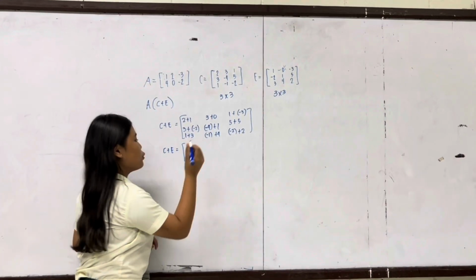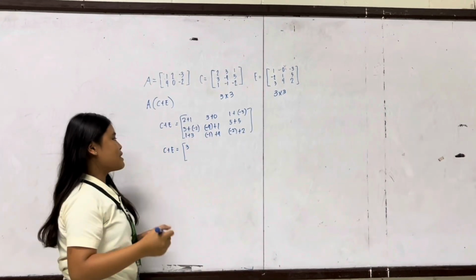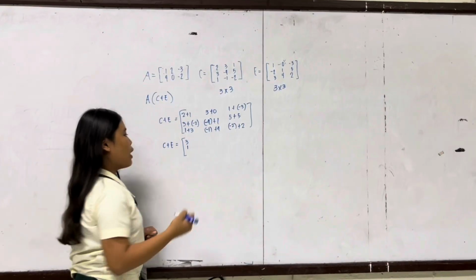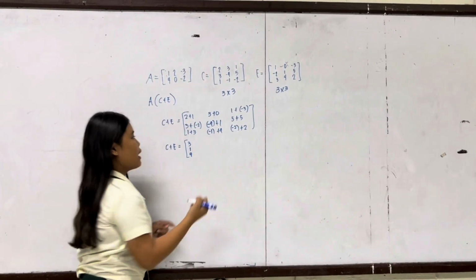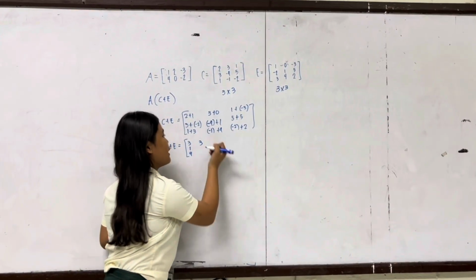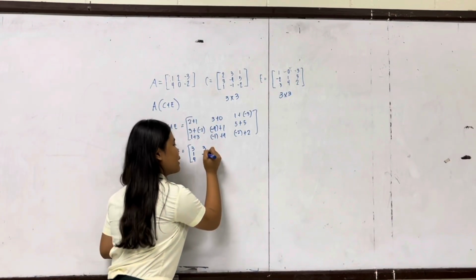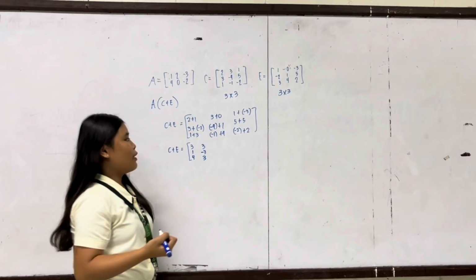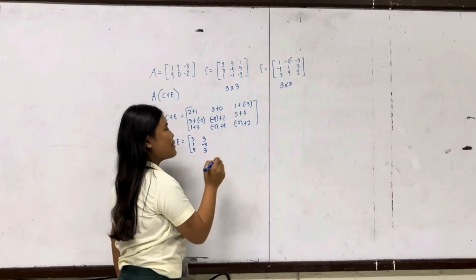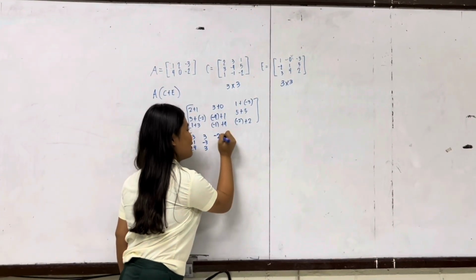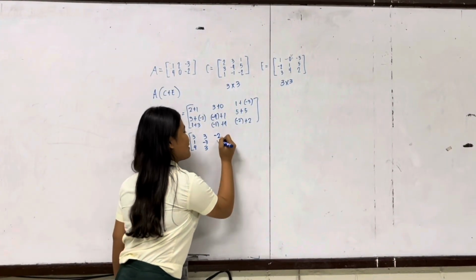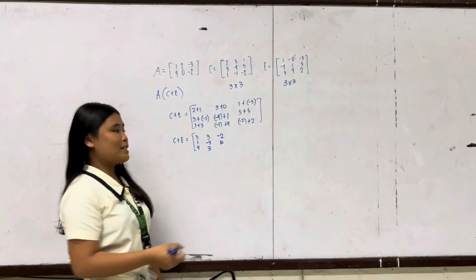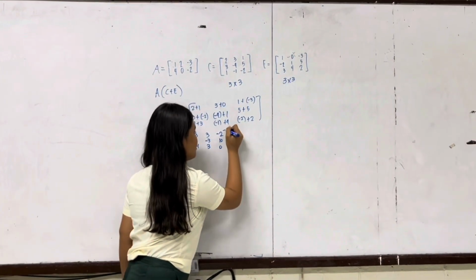So C plus A equals to 2 plus 1 is 3. 3 plus negative 2 is 1. 1 plus 3 is 4. 3 plus 0 is 3. Negative 4 plus 1 is negative 3. Negative 1 plus 4 is 3. 1 plus negative 3 is negative 2. 5 plus 5 is 10. And negative 2 plus 2 is 0.